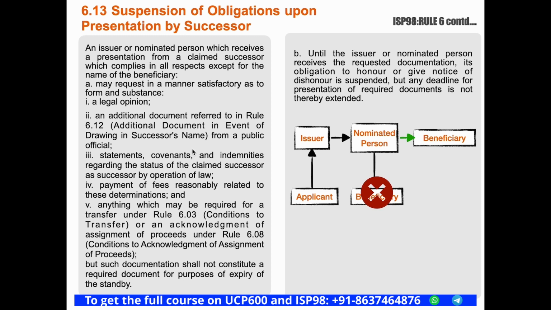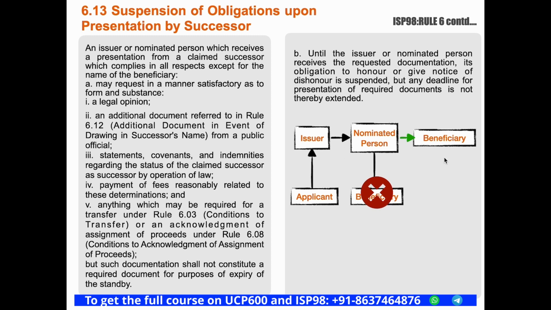Just remember this. If a document is not submitted for proving the succession, then the issuer or nominated person may ask all these or any of these as listed here, which includes a legal opinion from an advocate or a notary and additional documents as we saw in the previous rule, right? Then this successor may need to execute agreements and indemnities to safeguard the issuer or the nominated person, right?